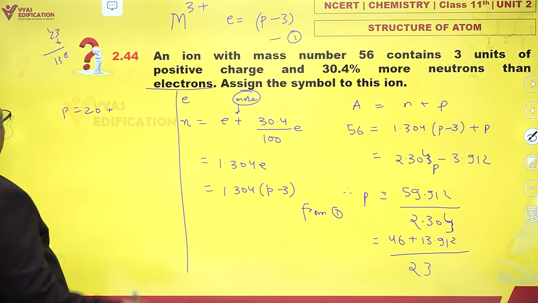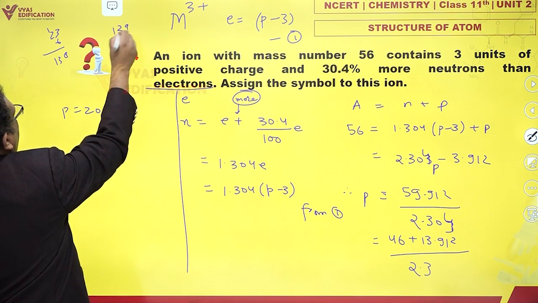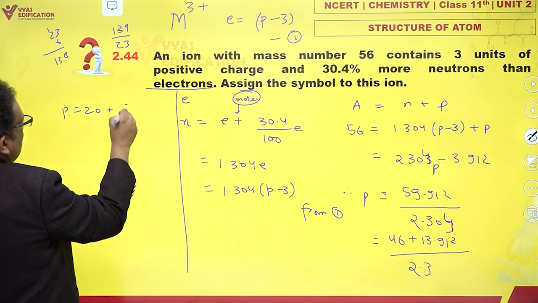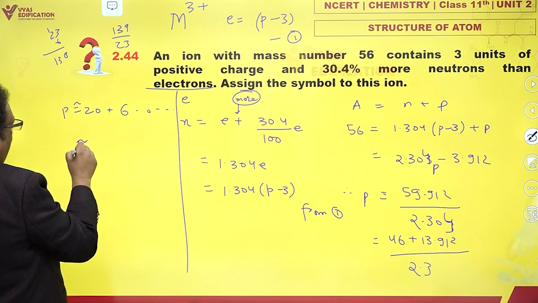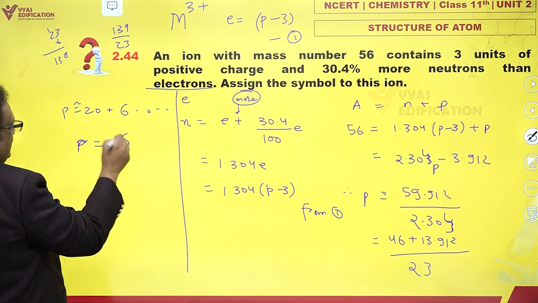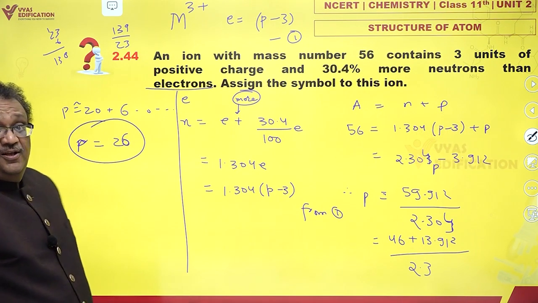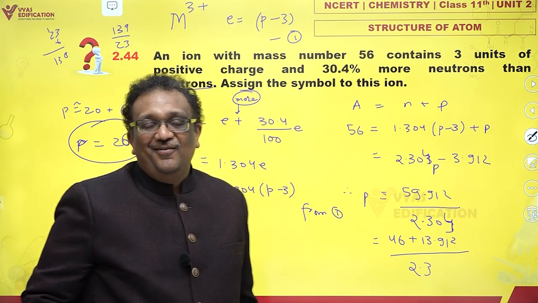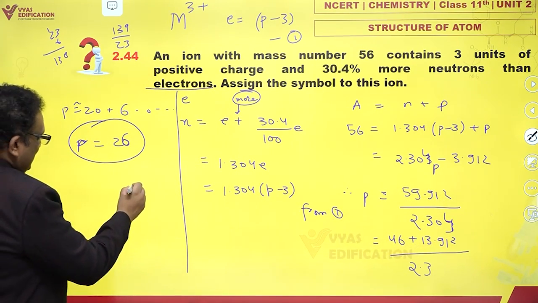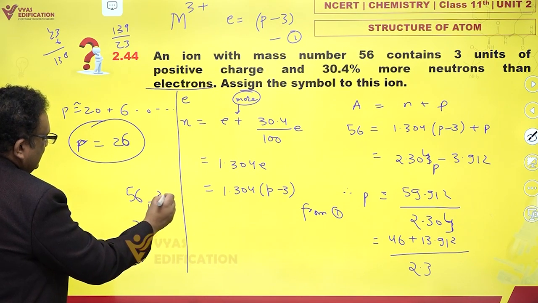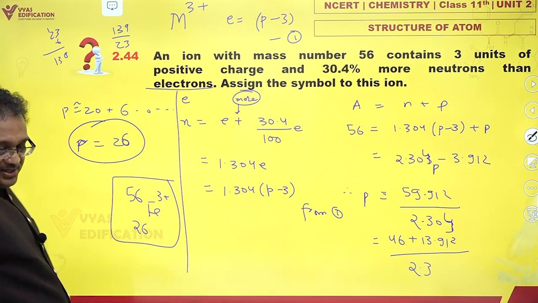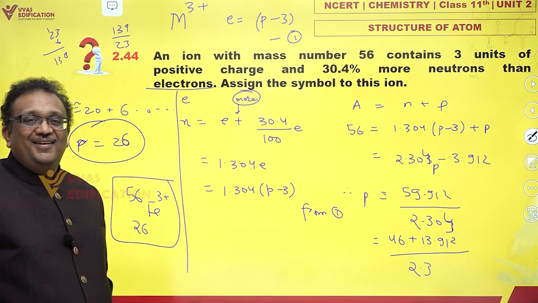Now I could say that 139 by 23 is very close to 6.0 something. So this is 26. Number of protons is 26. We are talking about iron. Wow. This is iron. Yes, it is iron 56, 26, 3 plus. And this, my dears, is the final answer.